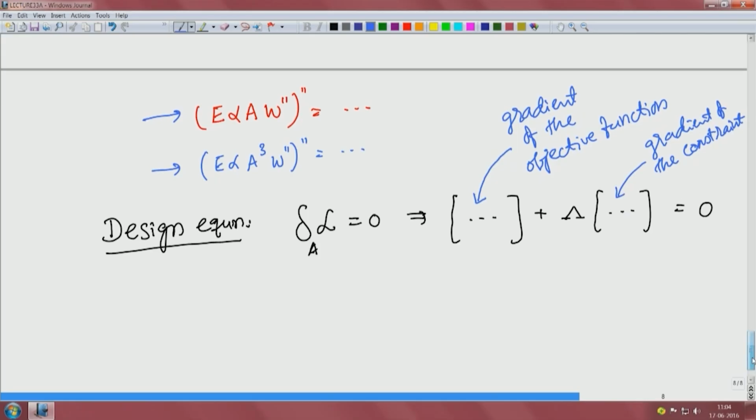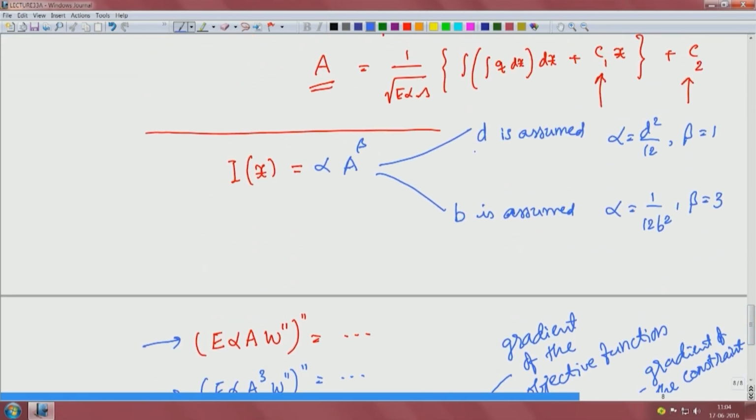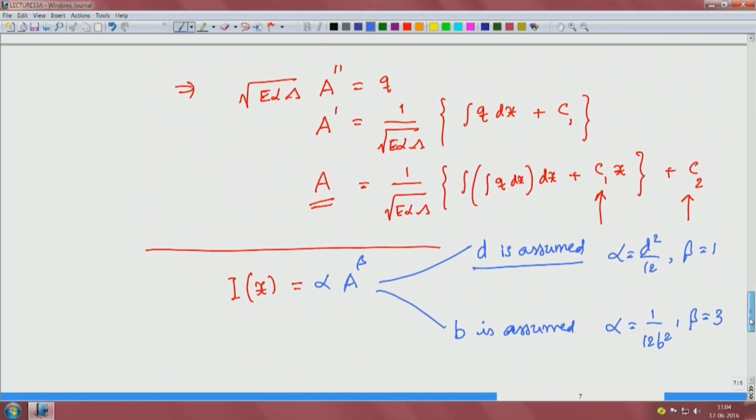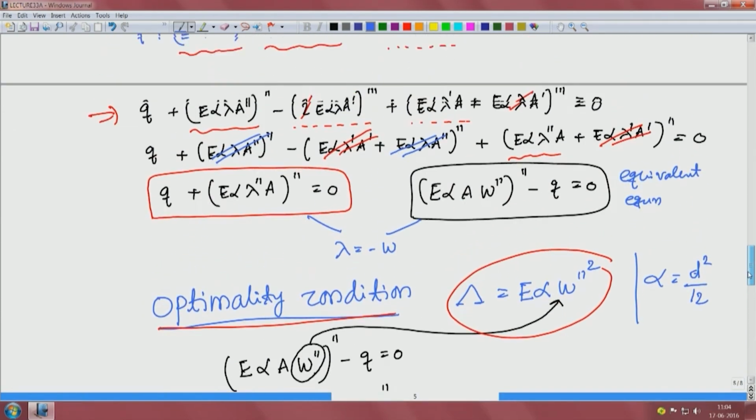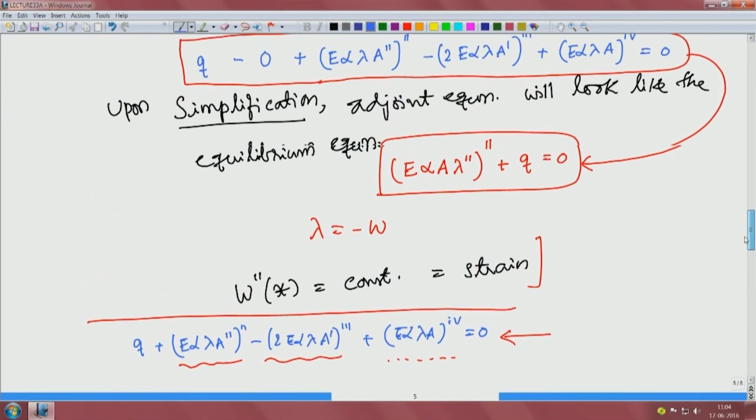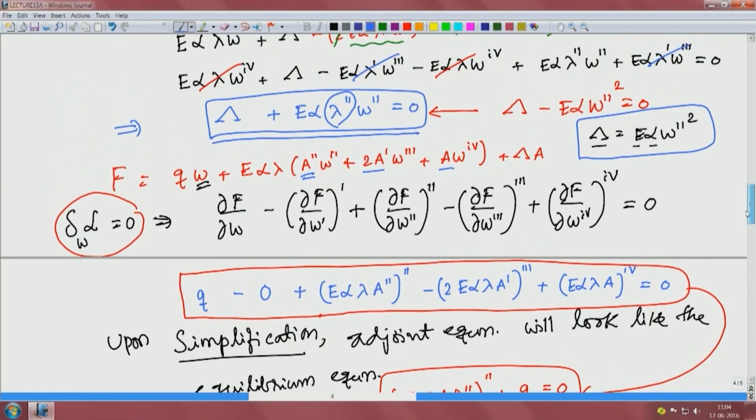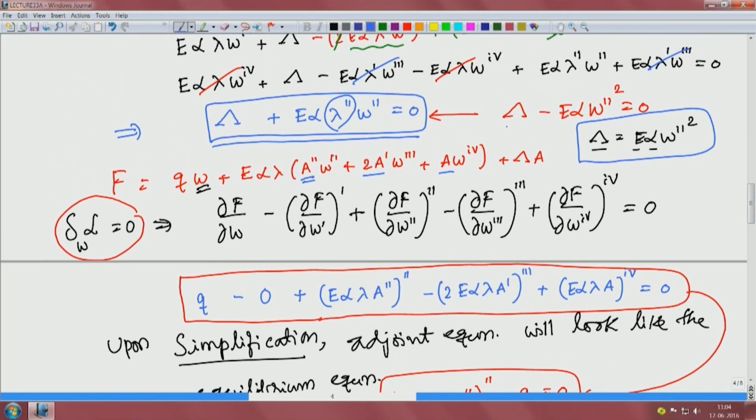If we go back and look at the case when D was assumed, our design equation, if I go all the way up here, looks like this: lambda minus E alpha W double prime square equal to 0.